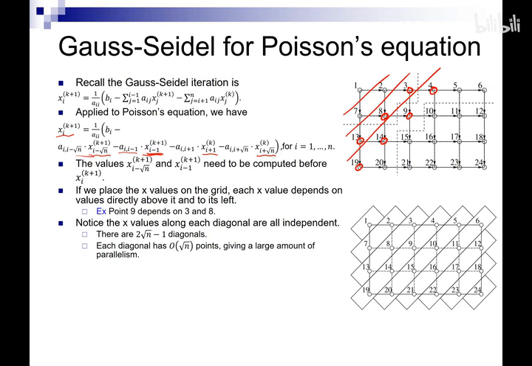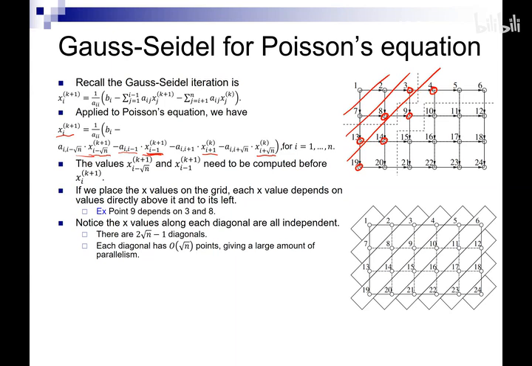For the next diagonal, we compute the values for 4, 9, 14, and 19, which only use the iteration k plus 1 values on those 3 points. Once you have those, you can do all of these computations in parallel.